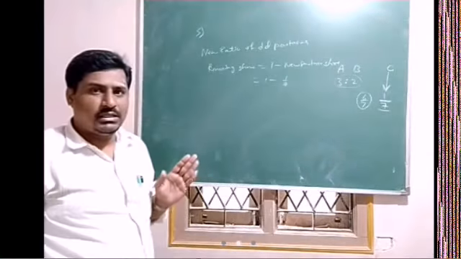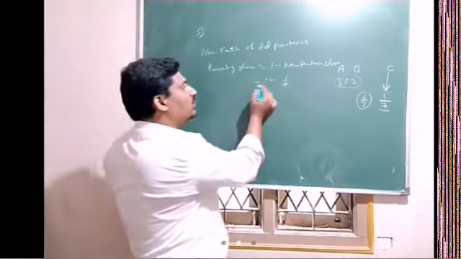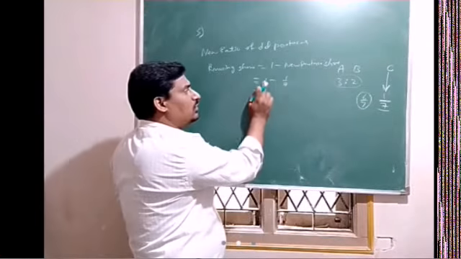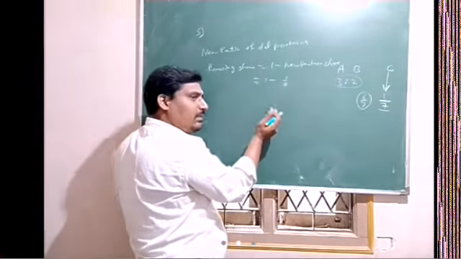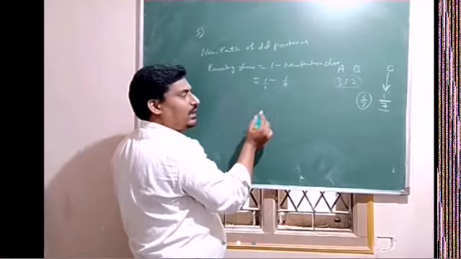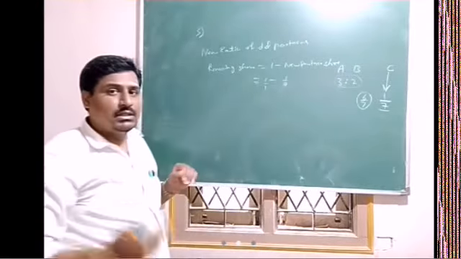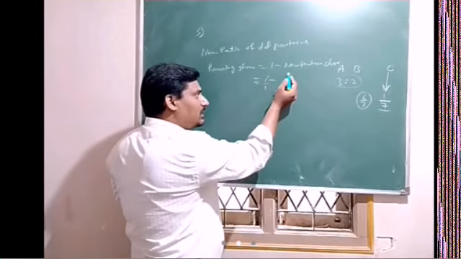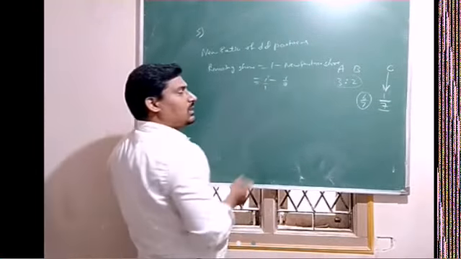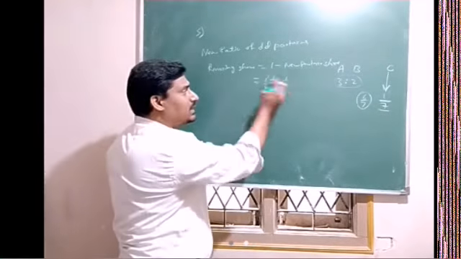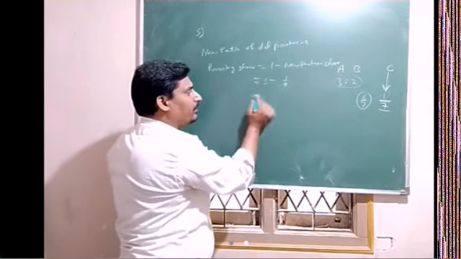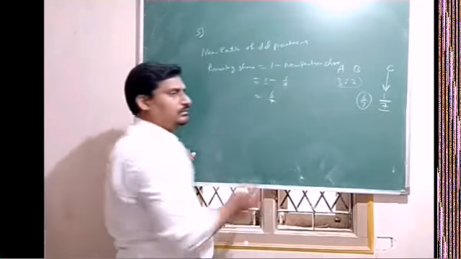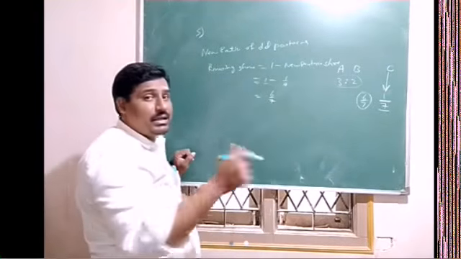New partner share is 1/7. So how much is left? 1 minus 1/7, where 1 is 1 divided by 1. So then the LCM becomes 7. So 7 ones are 7, 1 sevens are 7. So 7 minus 1 becomes 6 by 7. So what is this? Remaining share.